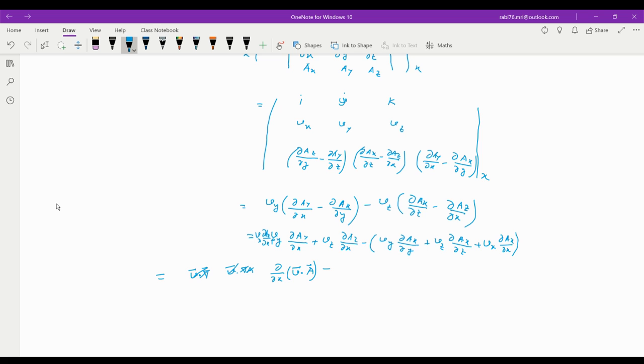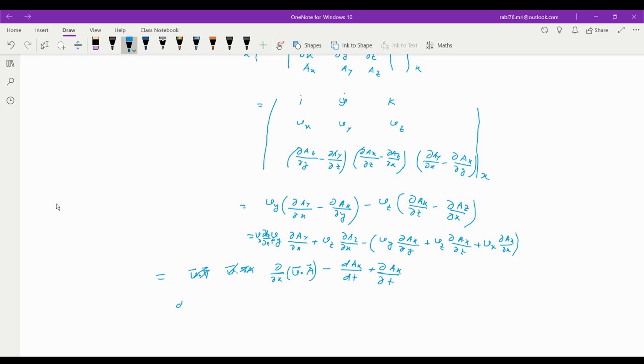Minus, and this quantity can be written as dAx dt minus del Ax del t. How? Suppose Ax is a function of x, y and z, right?